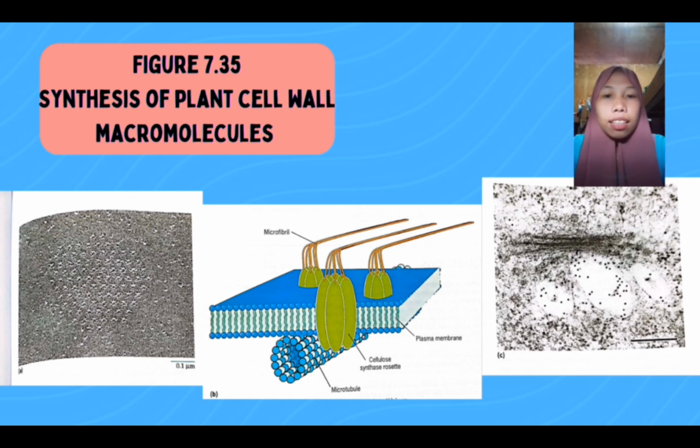And the second one na picture sa middle is a diagram illustrating the process of cellulose synthesis. So, the cellulose synthase rosette, yung green oval dyan na structure, ay matatagpuan sa plasma membrane. So, ito ang enzyme complex na responsible sa paggawa ng cellulose.